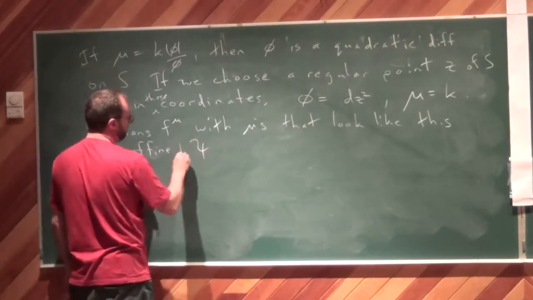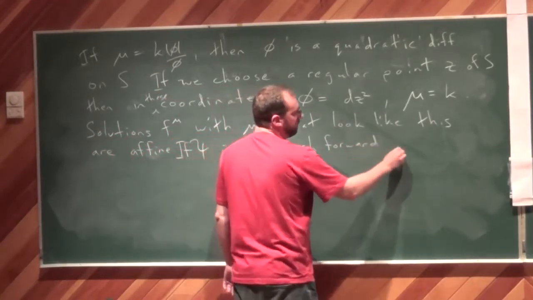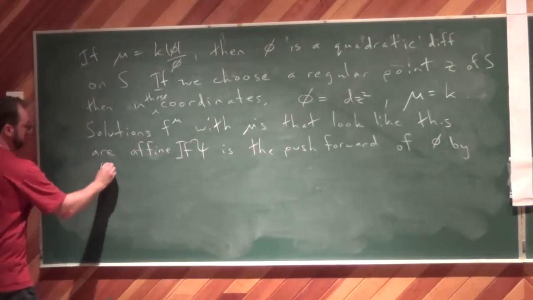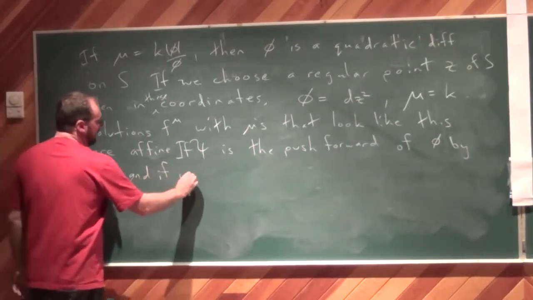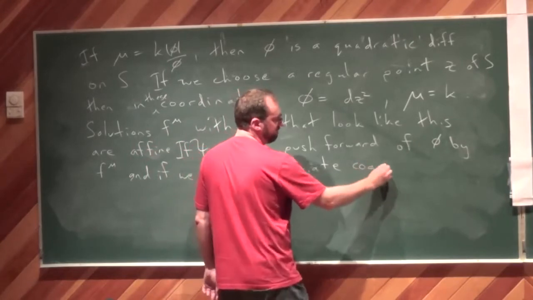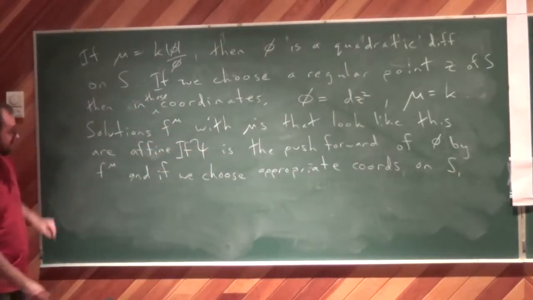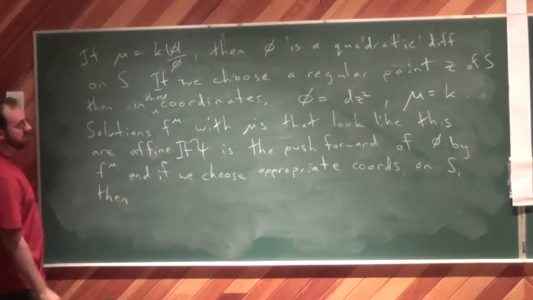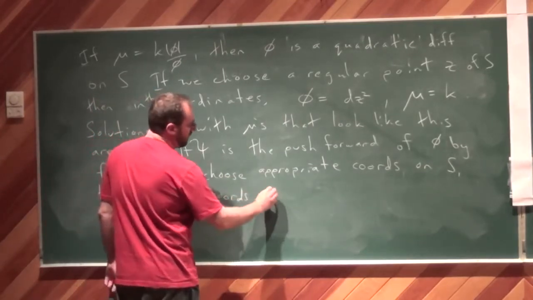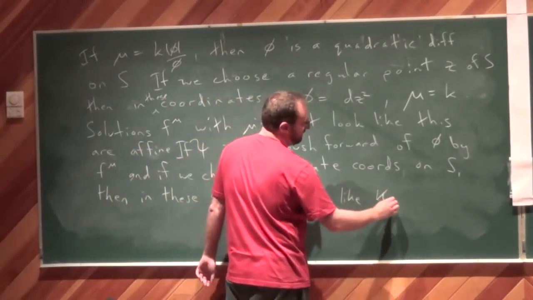So then if psi is the push forward of phi by our quasi-conformal map F mu, and if we choose appropriate coordinates on our image surface S1 related to the quadratic differential psi, then in these coordinates, psi looks like k u plus i v.